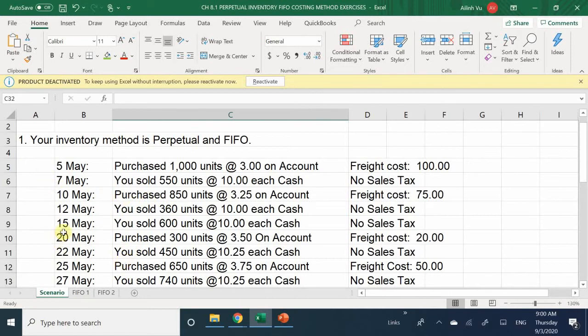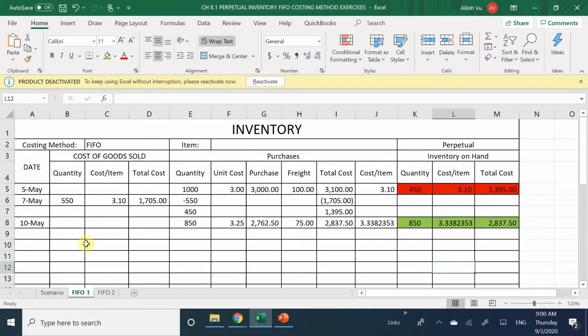So in this case, what happened next? $360 sold. Okay, so we sold 360, right? So here, we're going to indicate May 12th, and we sold 360.